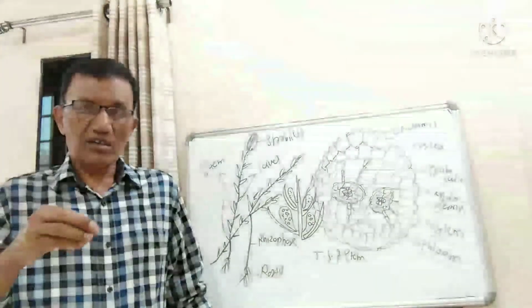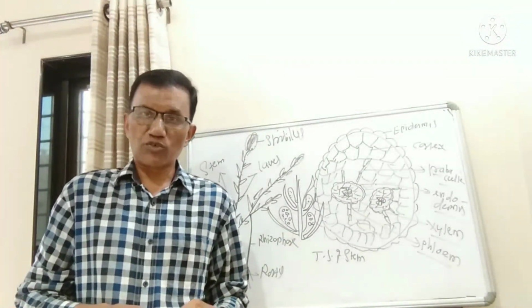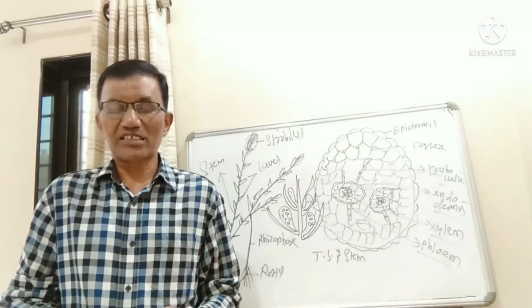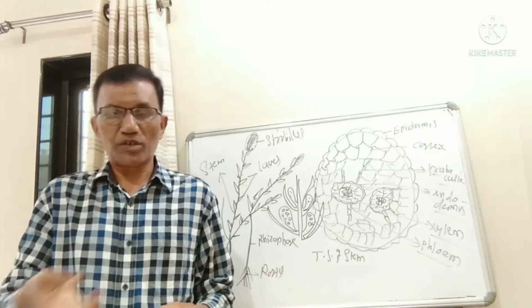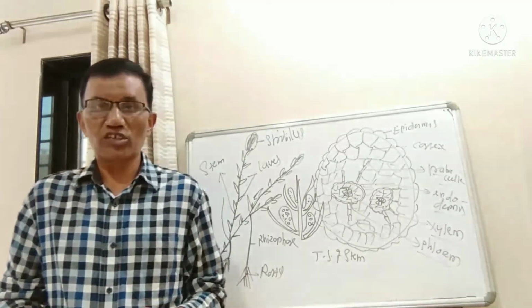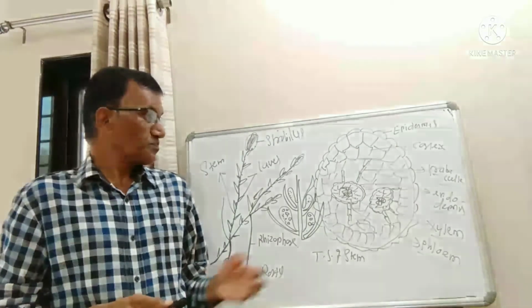So the alternation of generations is heteromorphic in nature. I have already explained why it is called heteromorphic.